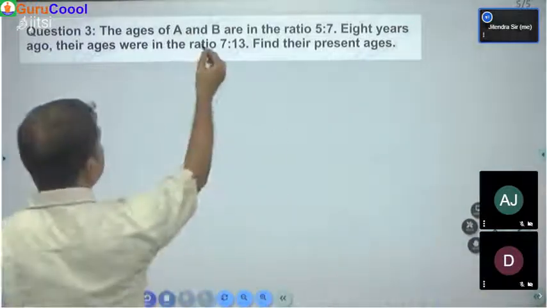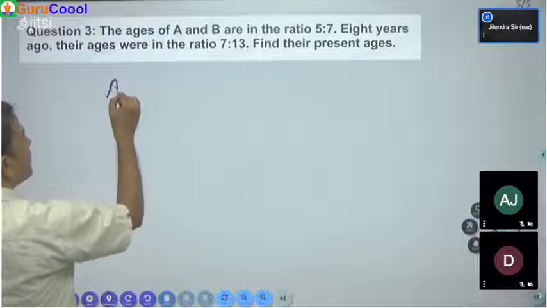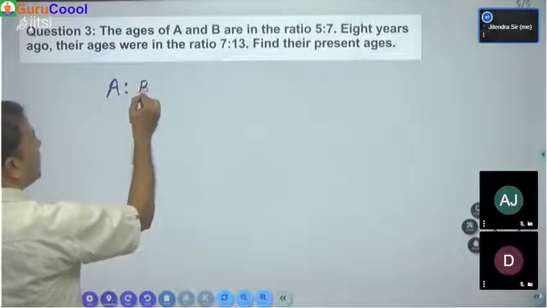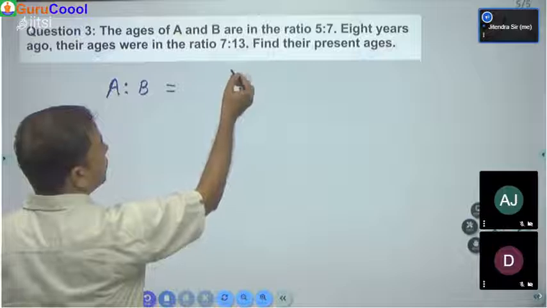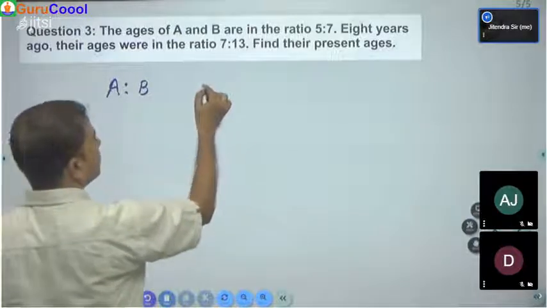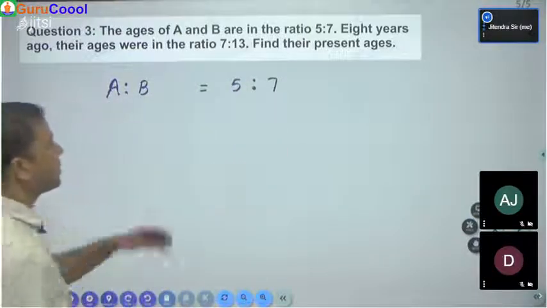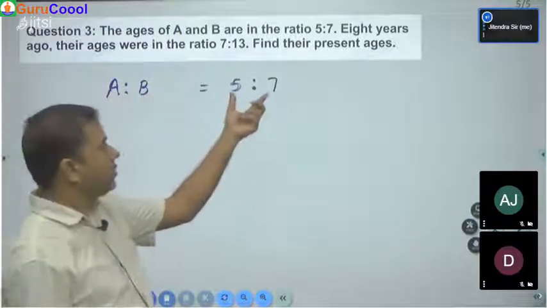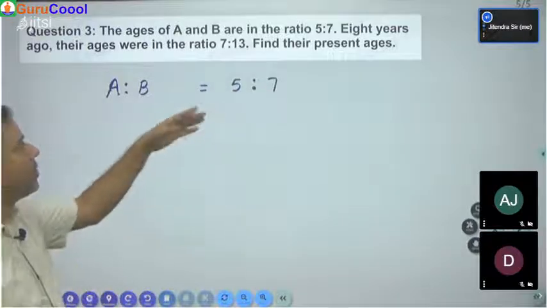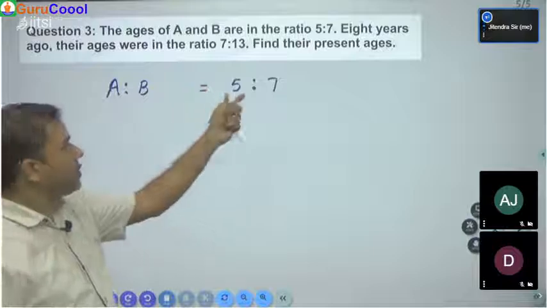See, A and B were in the ratio 5:7. There were two persons, A and B. We don't know their exact ages, but we know their ages were in the ratio 5:7.